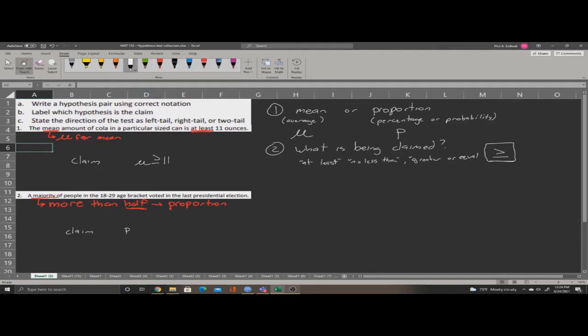You may also see the opposite, such as at most, no greater than, or no more than, or perhaps just less or equal. In this case, we put a less than sign with an underline underneath it. You may also see the word is, or no different from, or the words equal to.